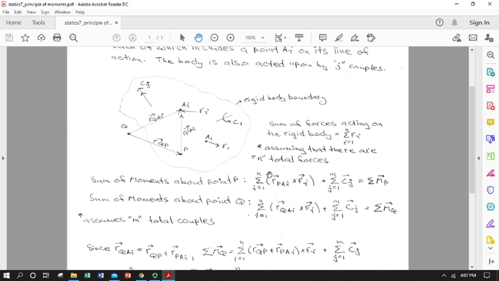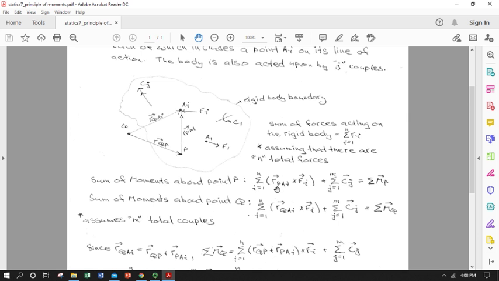So the sum of the moments about point P is all of the couples plus the sum of, and we'll write our familiar cross product expression for the radius from point P to any point A on the line of force, I, crossed into the vector expression for force I. And we'll just add that up.